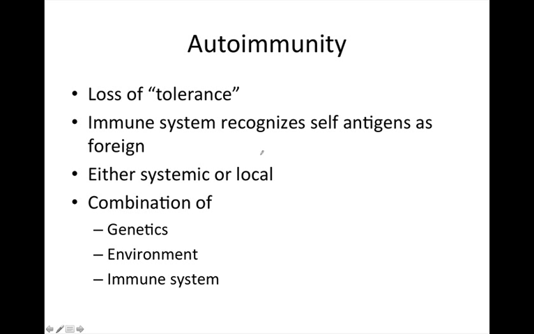And remember, autoimmunity essentially is a loss of tolerance, all right? And more specifically, when I'm saying a loss of tolerance, I'm referring to self-antigens, okay? So basically what happens then is the immune system recognizes self-antigens as foreign.